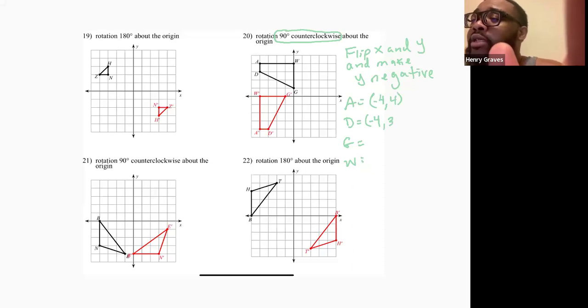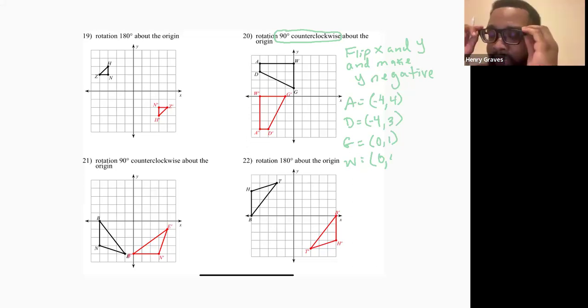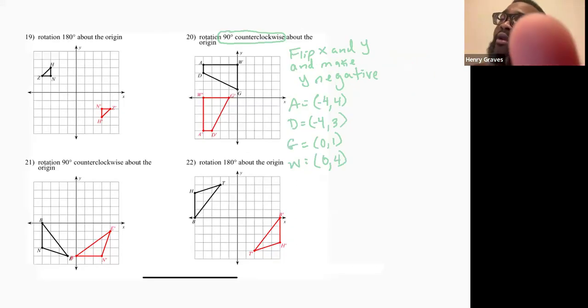And W is going to be 0, 4. So I'm gonna apply that rule I said. I'm gonna flip X and Y and make the X negative. So I'm gonna have a new A, a new D, a new G, and a new W.